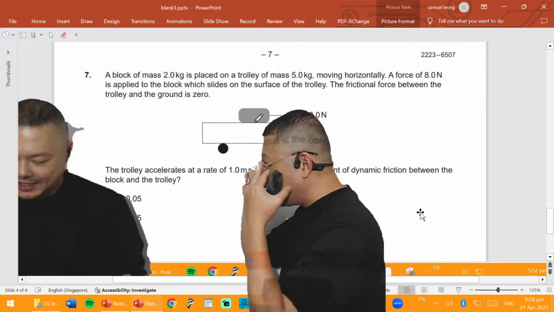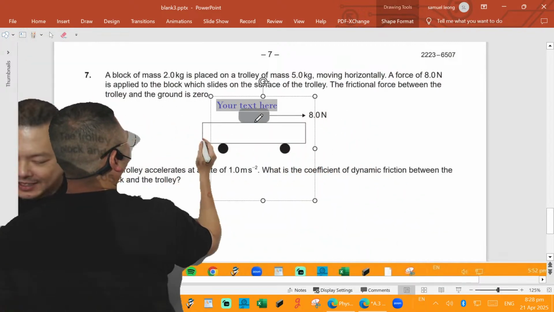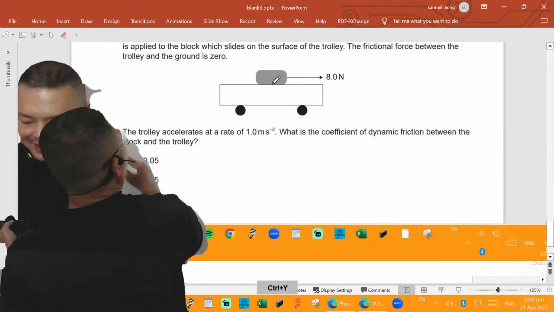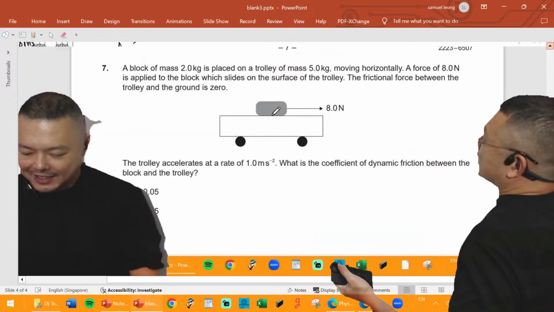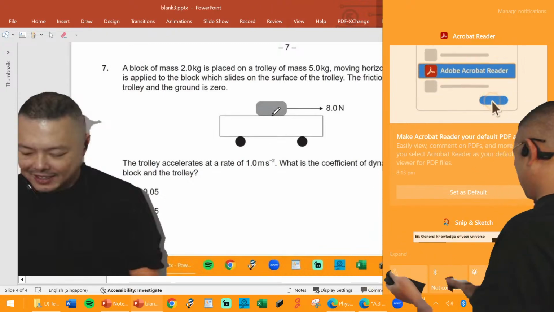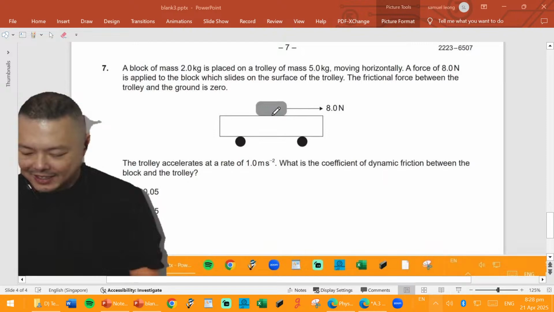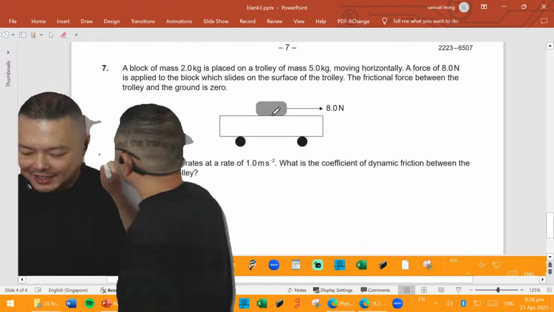Another version. Erica, right? Let me try to do this as fast as I can. No, because I know it's late for you.